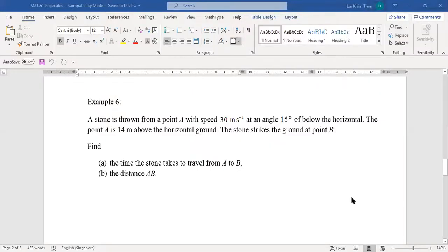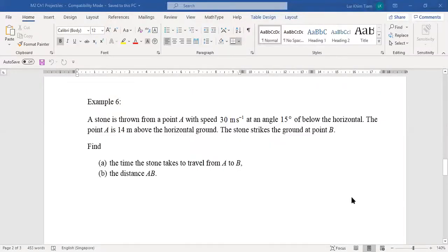Next, let us go to question 6. Example 6 is a little bit different.